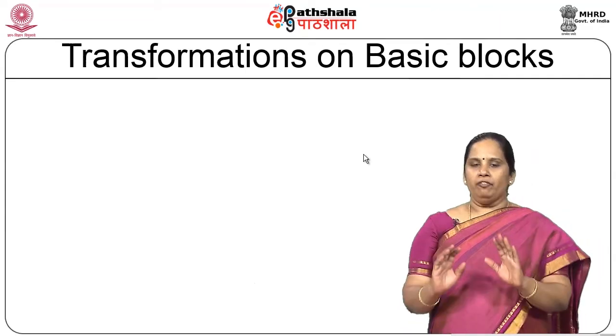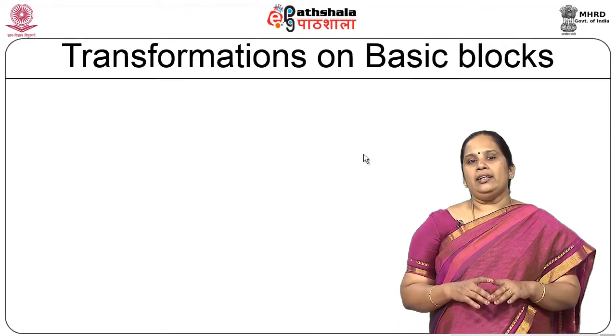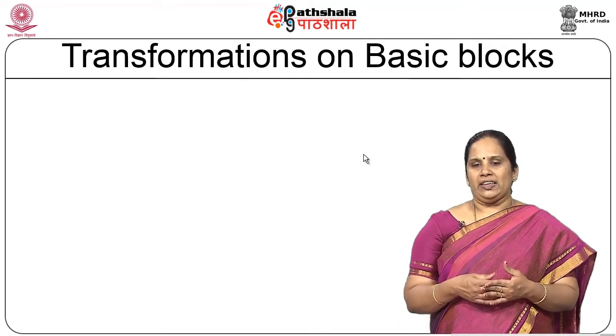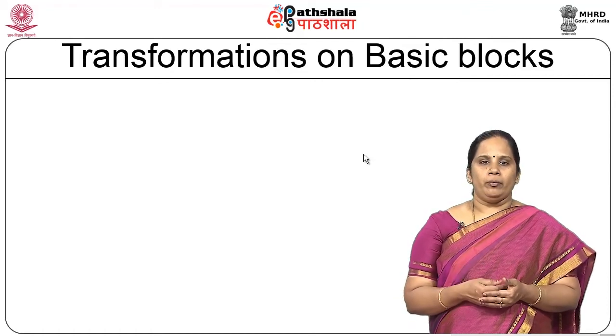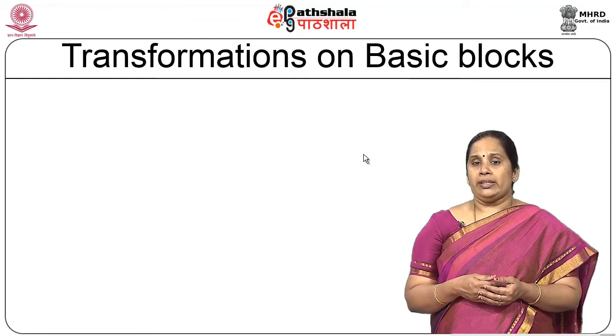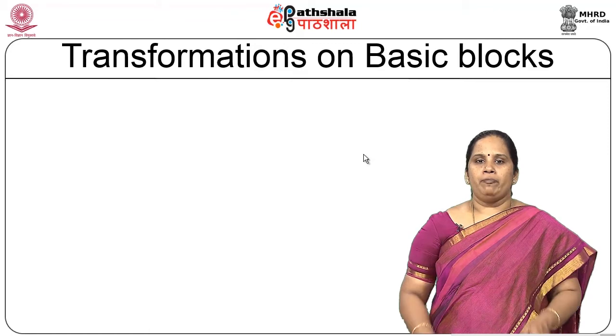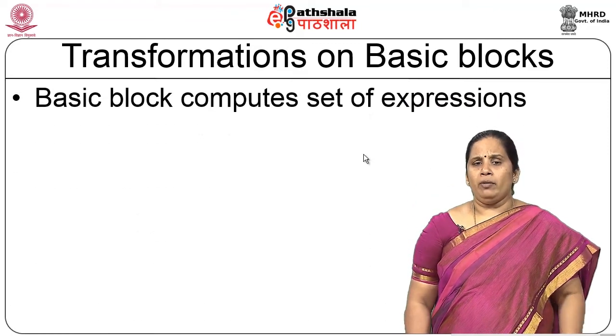Now I have formed basic blocks from my three address statements. We said that the ultimate reason behind forming basic blocks is for register allocation and for optimization. To do optimization, I should know what possibilities there are with reference to basic blocks in terms of transformations. Transformations can basically be of two types.